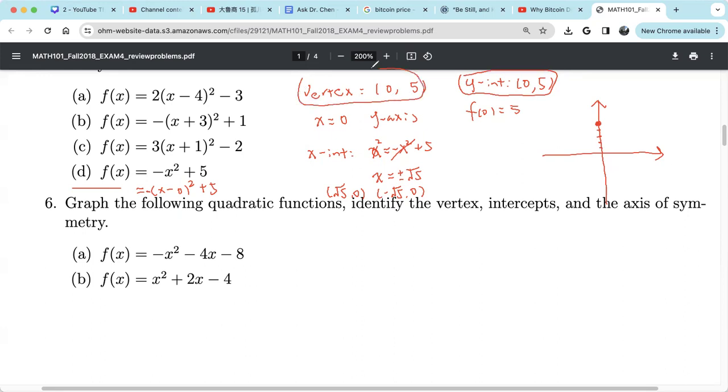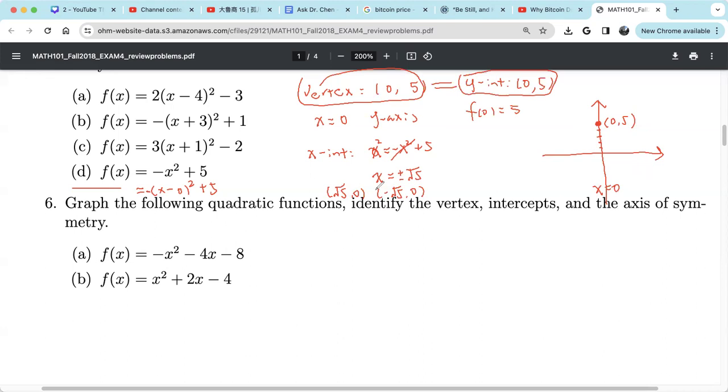You see the vertex and the y-intercept are equal to each other. So those two points are the same point. Sometimes the vertex may be the x-intercept, with some special situations. So in this case, we have 0, 5 as our vertex and the y-intercept. And then the line of symmetry is just the y-axis, or x equals 0.